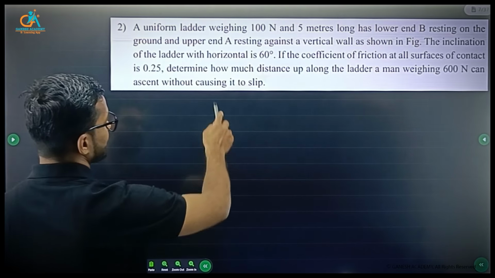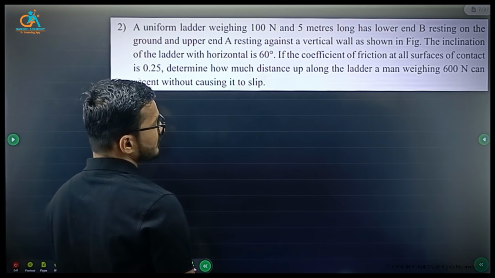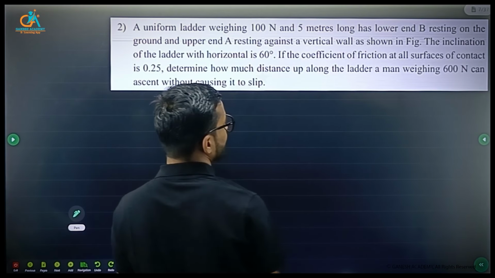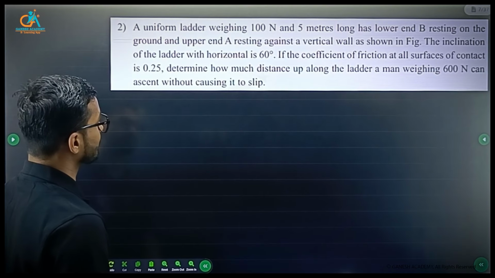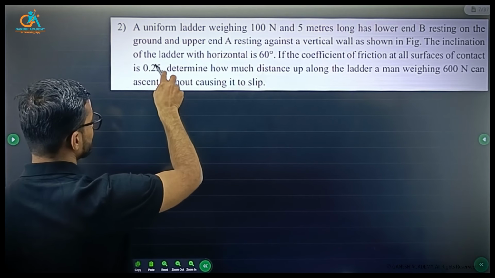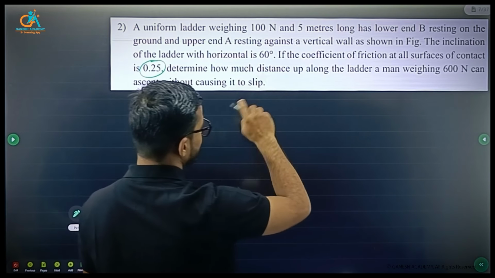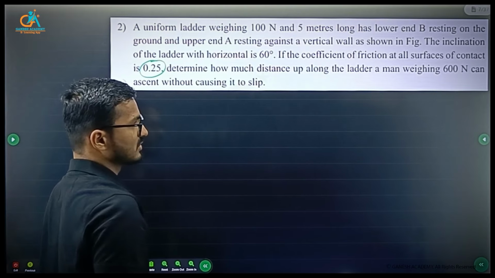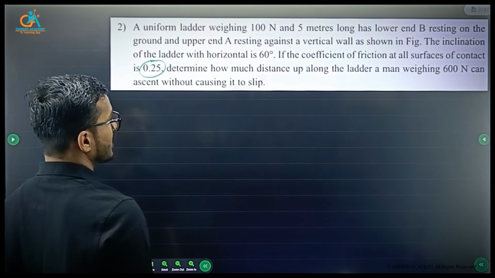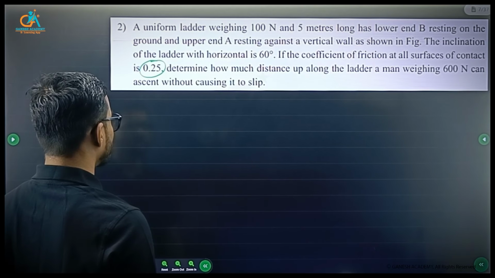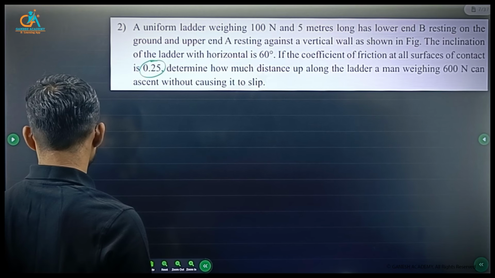The inclination of the ladder with the horizontal is 60 degree, and if the coefficient of friction at all surfaces of contact, that means at the wall as well as at the floor, is 0.25, determine how much distance up along the ladder a man weighing 600 Newton can ascend without causing it to slip.